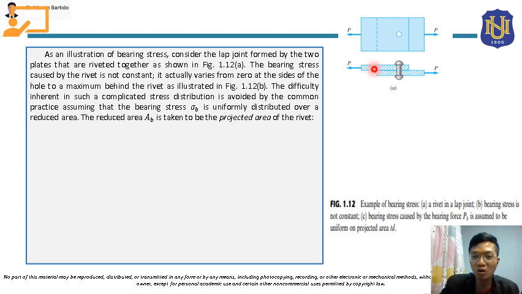If you apply a load P to this plate towards this direction, it will be pushed that way. Upon pushing this plate this way, the rivet will be stressed at this side, because the plate will react, and there will be a contact pressure between the rivet and the plate in this area.